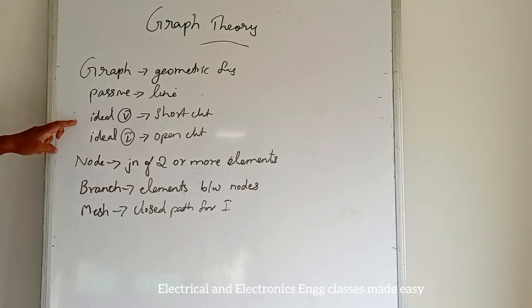All ideal voltage sources are represented by short circuits, and all ideal current sources are represented by open circuits.